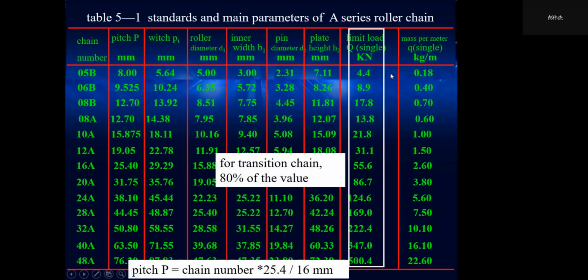And this is the value of q, the mass per meter of single strand chain. So if we know the chain number, we can know these parameters of the single strand roller chain.